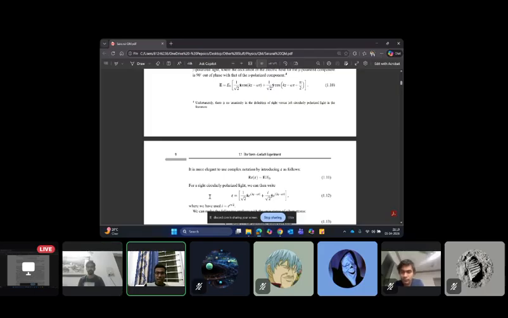However, the real part of z1 times z2 is not equal to the real part of z1 times the real part of z2. So you should be careful if you are multiplying things. You take the real part before multiplying, and then take the real part afterwards. If you just multiply and then take the real part, you are going to get a mess. I think multiplication is not required for the most part, if I remember correctly.